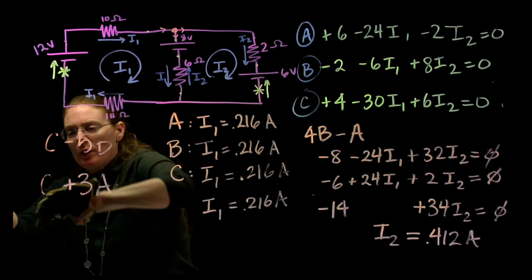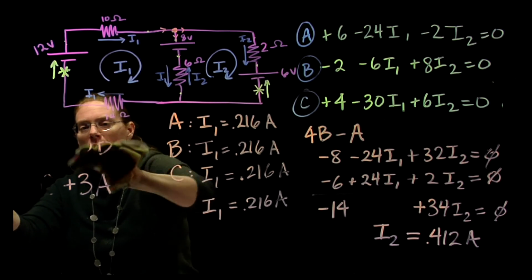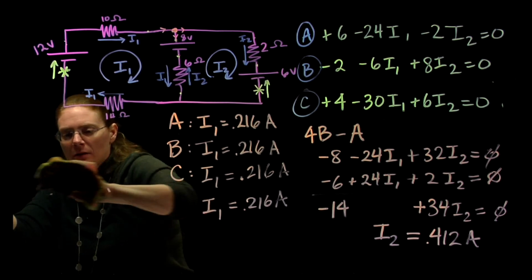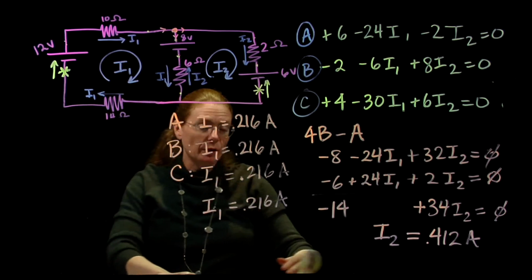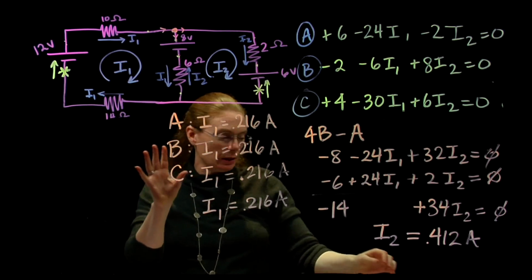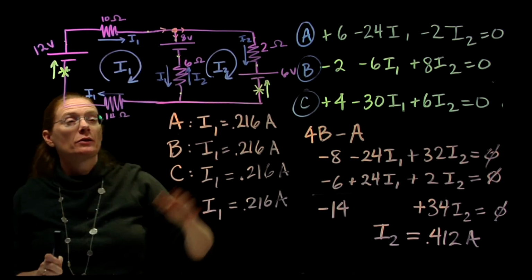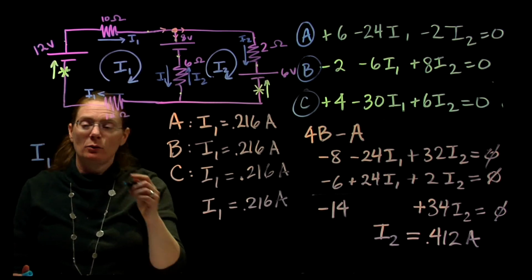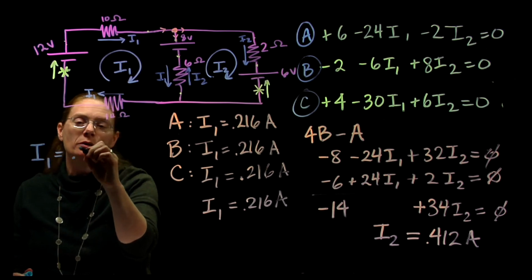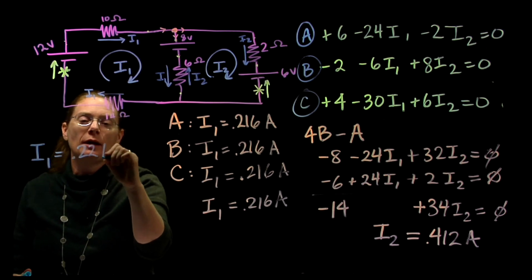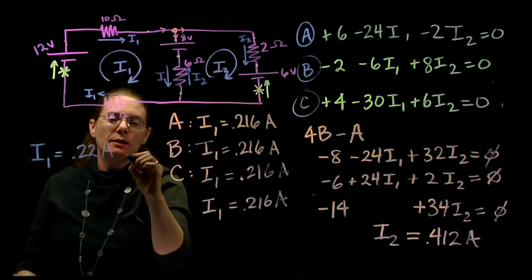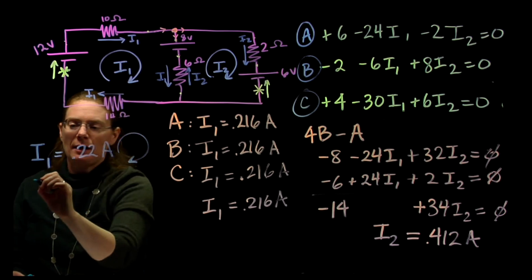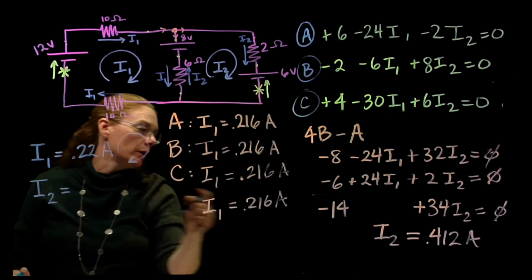The last thing I want to show you is just what a good answer would look like. So my question is really, what is the current in every branch of this circuit? One of the ways to answer would be I1 is, I can round at this point, 0.22 amps, and the direction is clockwise. So that would be one way to show it.